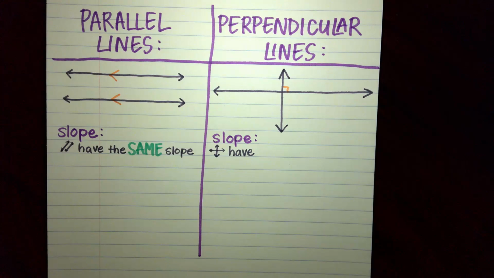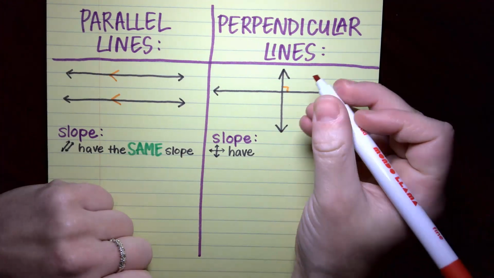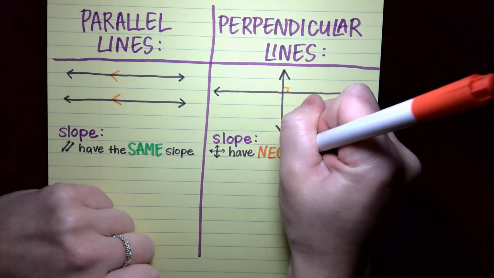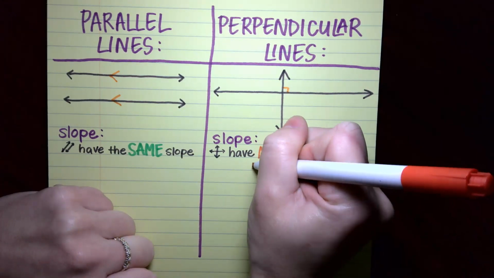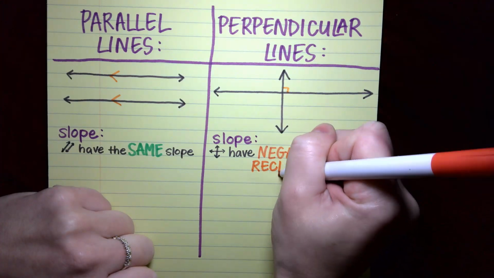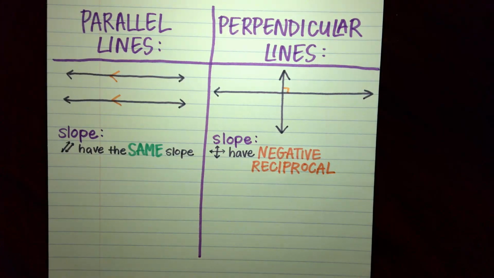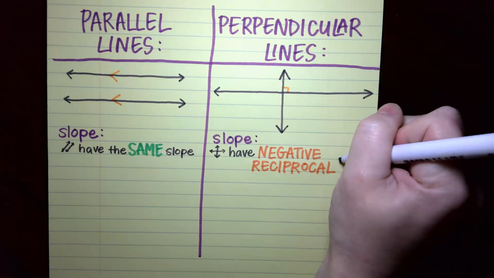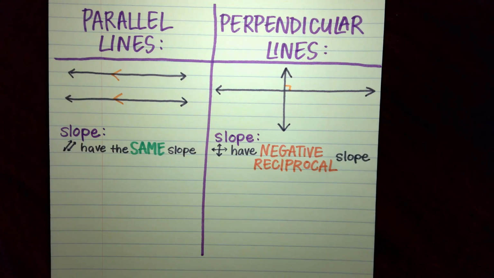Perpendicular lines have what we call negative reciprocal slope. Negative reciprocal. So today we are going to learn what that means.